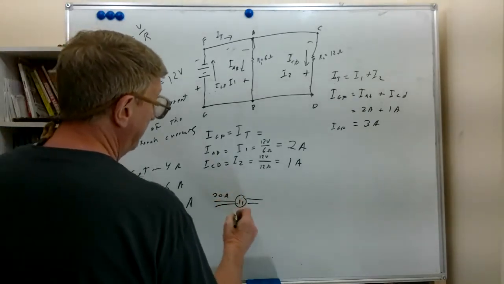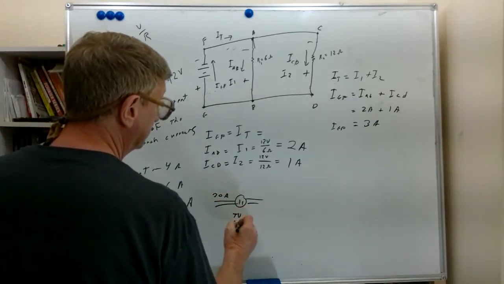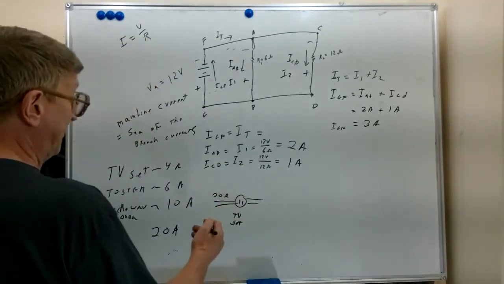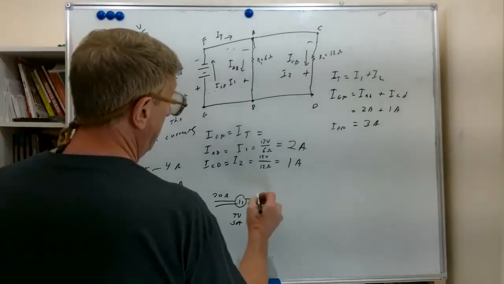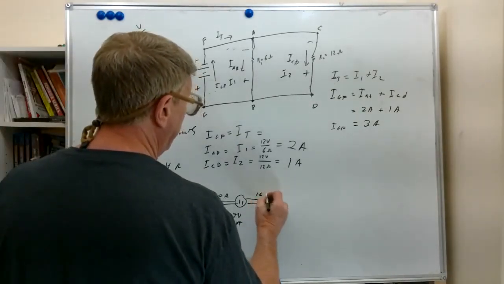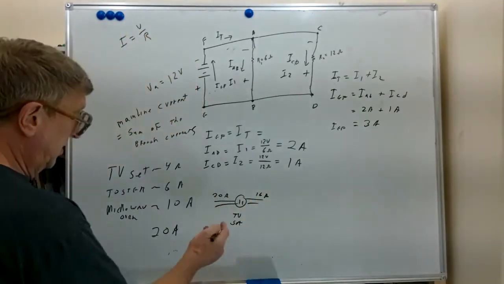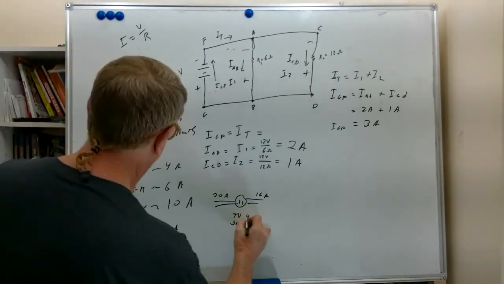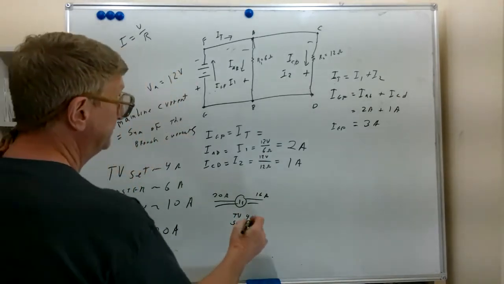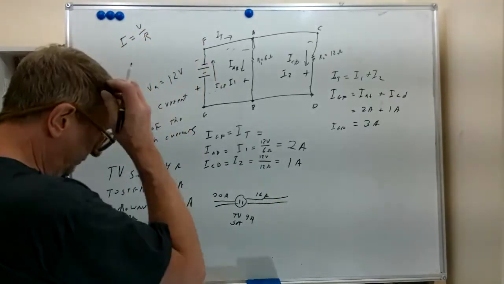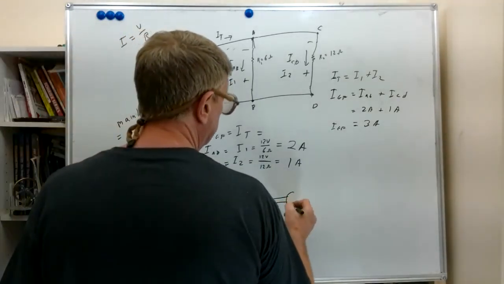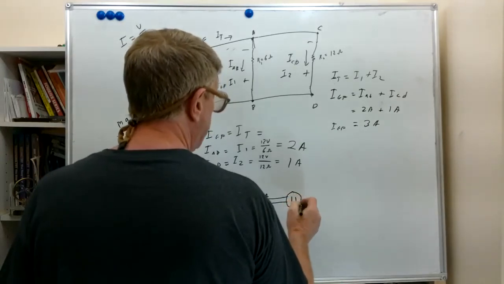And we have a TV set plugged in here. Now after that, we're only carrying these other two, 10 and 6. So now we've only got 16 amps because the TV set took 4 amps. We'll write that 4 amps down here. And maybe the next circuit is where the microwave's plugged in.